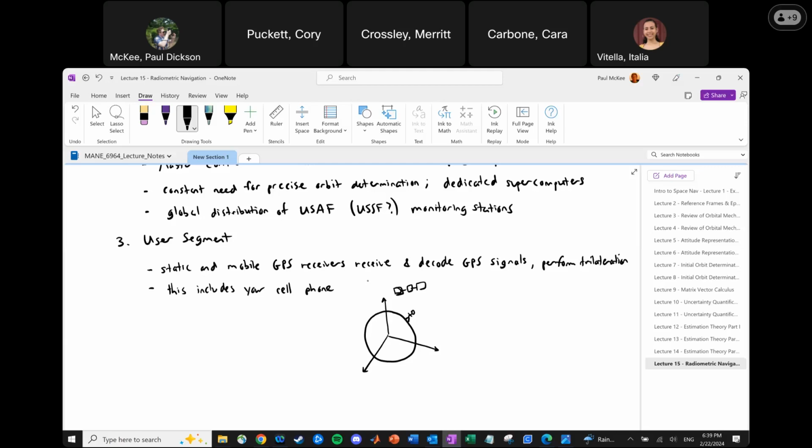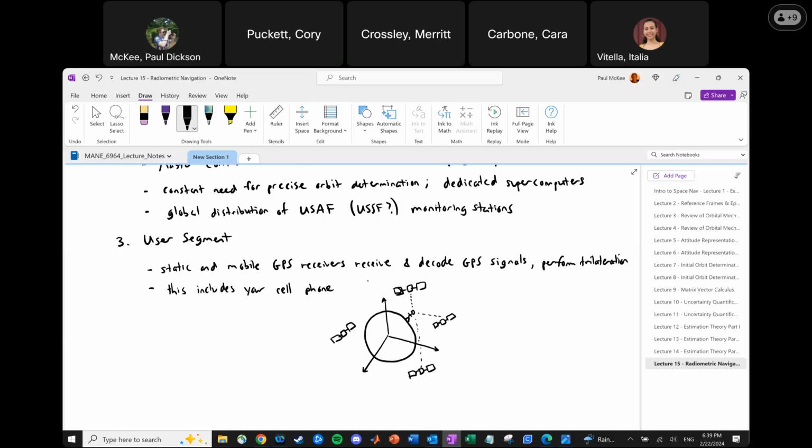Pretend that's a rectangle. And you've got another satellite over here. And you've got another satellite over here. And originally I was going to draw orbit tracks for each of these, but I think it's going to get way too messy. And then you've got another satellite over here, and these are each orbiting the Earth at 12 hours essentially. And you have measurements to the individual from each of these.